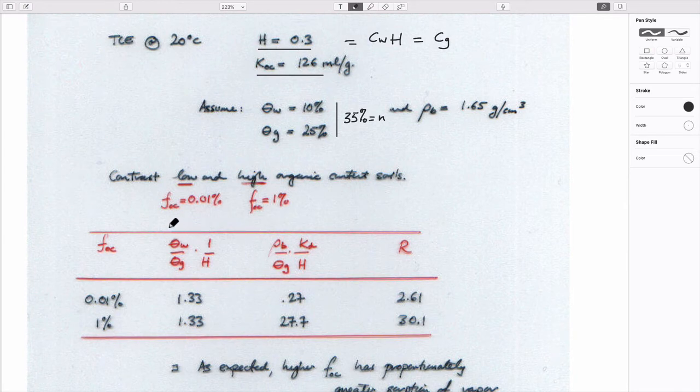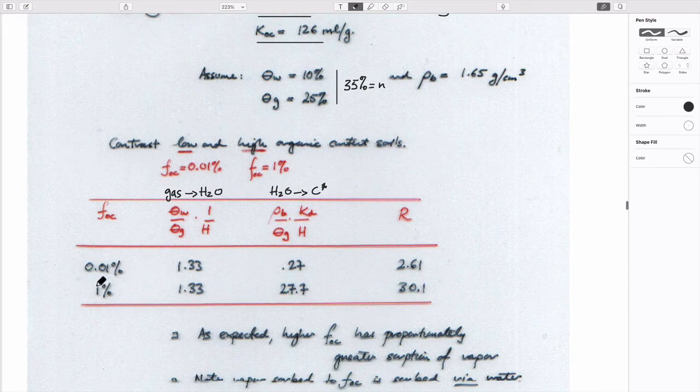So this one is gas to water, and this is water to solid, these two terms. And if you do two things, you assume an organic carbon fraction. We said already you shouldn't use this expression that we're going to use here if the fraction is less than 0.1%. So this is 10 times lower than that, but let's use it anyway. Calculate the gaseous retardation. It's the same in both cases because it only comes from the gas into the liquid.